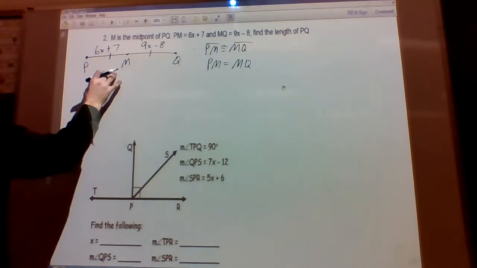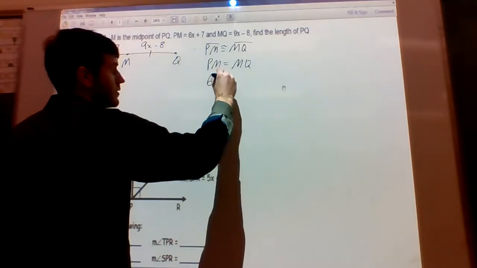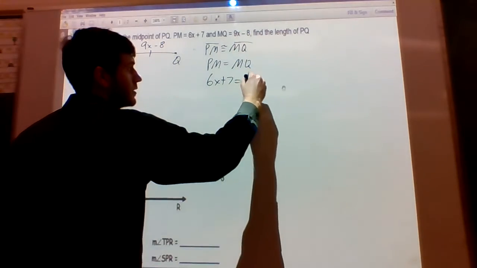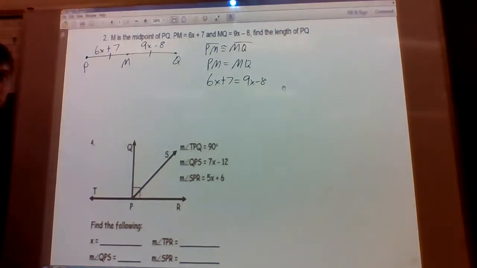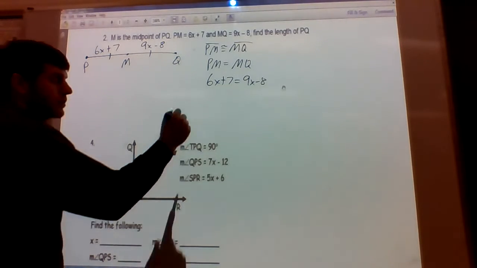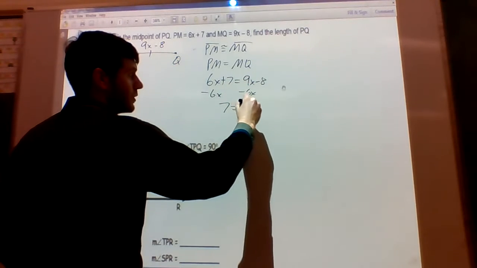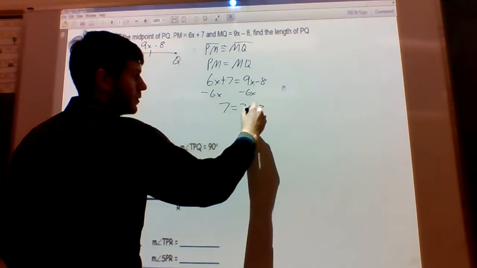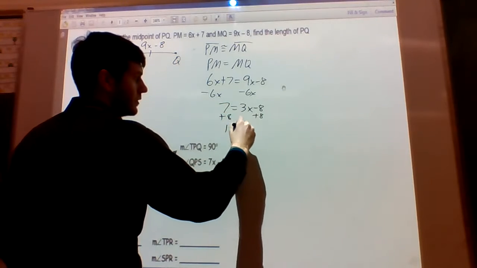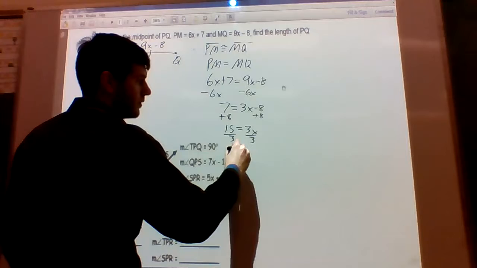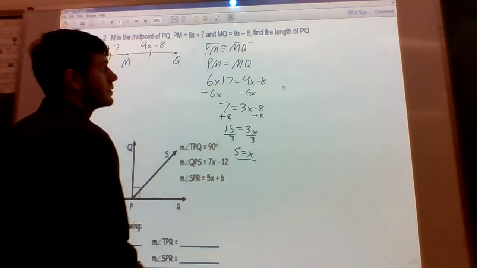PM we know is 6x plus 7, and MQ we know is 9x minus 8. We need to solve for x, so let's subtract 6x from both sides. 7 equals 3x minus 8. Let's add 8 to both sides. 15 is 3x. Divide by 3. 5 is going to be x.